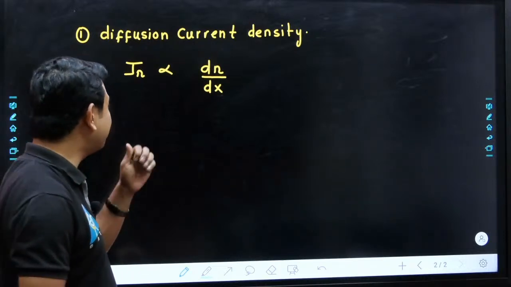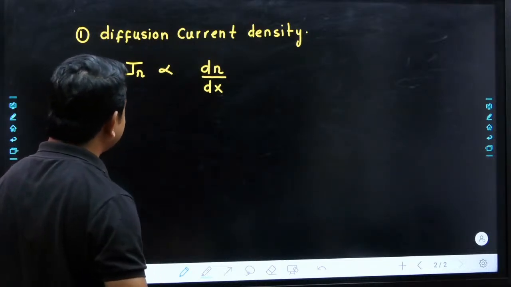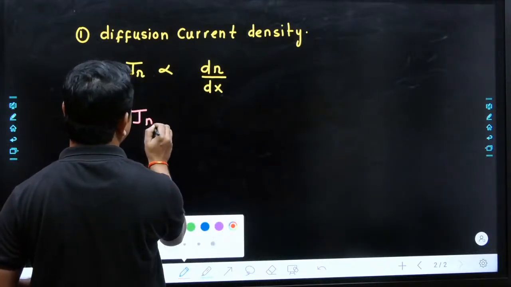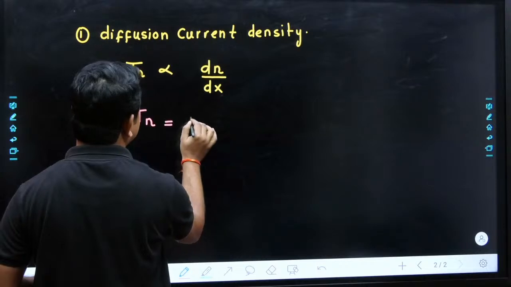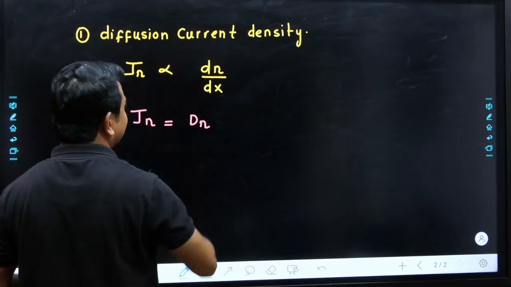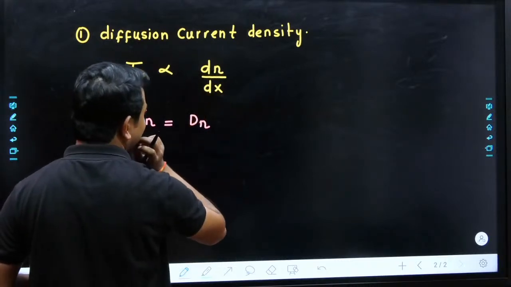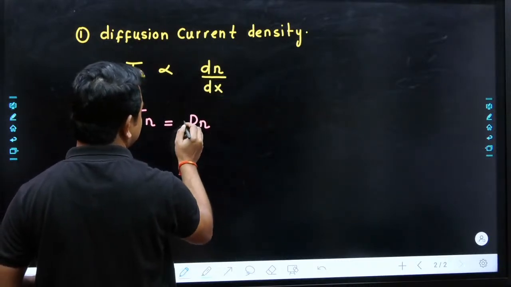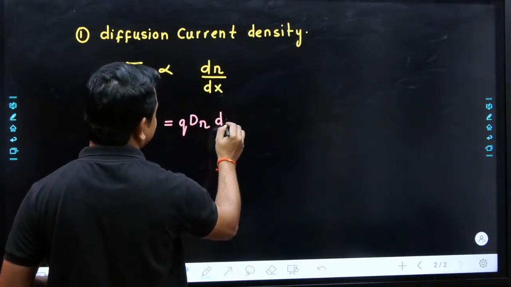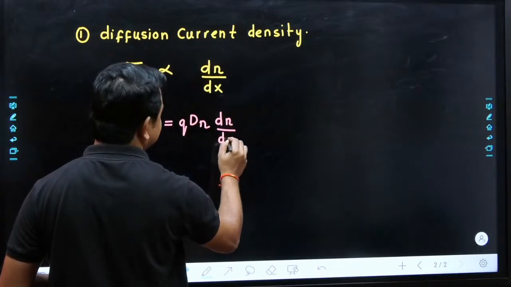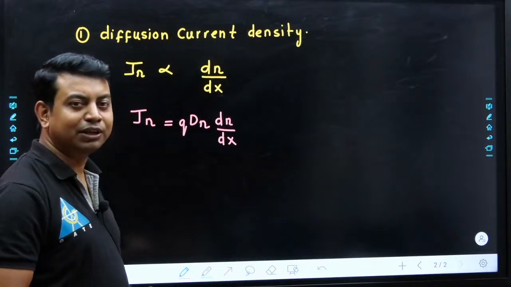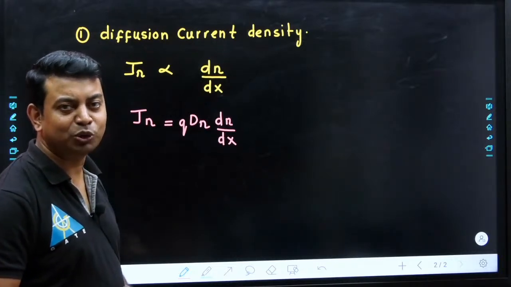To find the proportionality constant, this diffusion current density can be represented by Jn, and the proportionality constant here is nothing but the diffusion constant. Since n is the number of electrons per unit volume, we have to make this charge, so we multiply with charge q, and then we write again dn by dx. This is the equation representing the diffusion current density due to electrons.